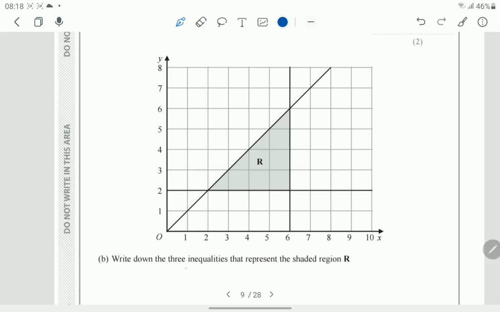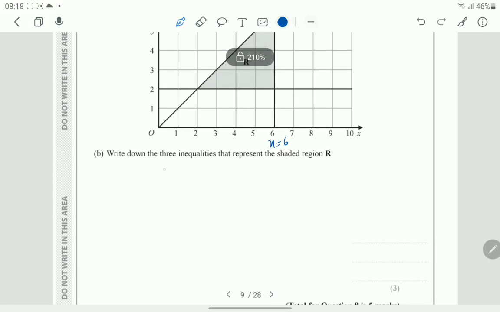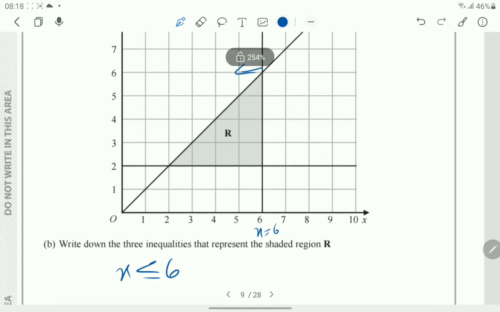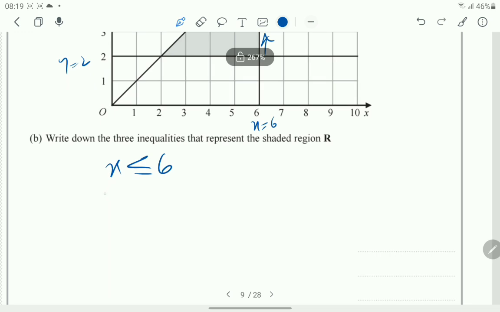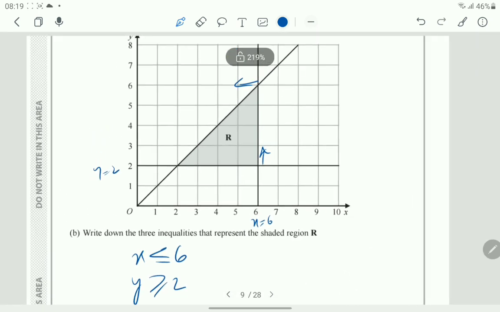Part B says write down the 3 inequalities that represent the shaded region. So note that x is equal to 6 and the shaded region is behind that. So the first inequality is very simple, x is less than or equal to 6. Then we have y equals 2, and we can see that the shaded area is above it, so y is greater than or equal to 2 is our second inequality.